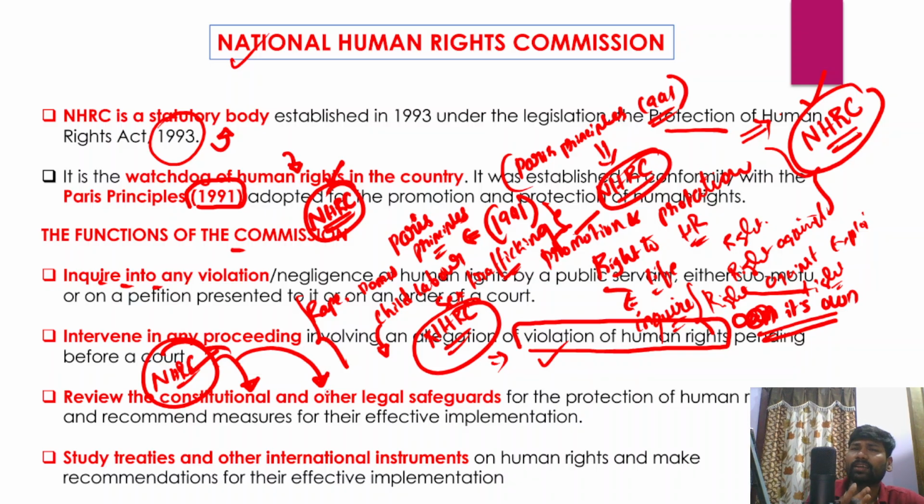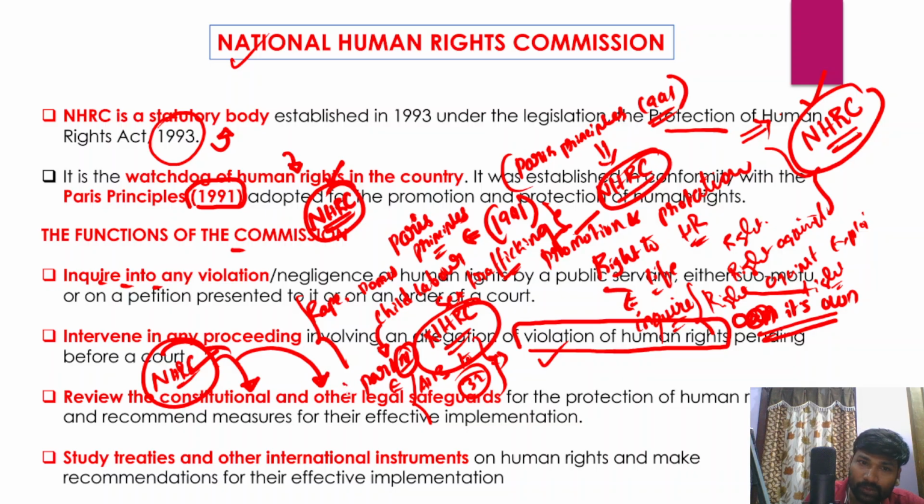For example, in India, Part 3 of the Indian Constitution provides for the fundamental rights, from Article 13 to Article 32. Don't you think that it is a constitutional safeguard that has been provided to individuals?